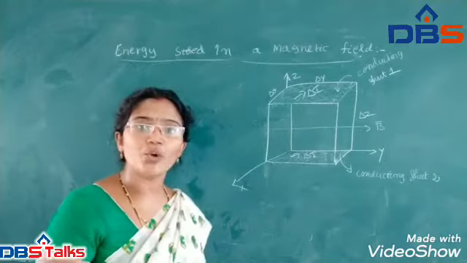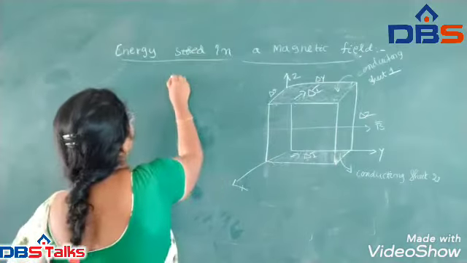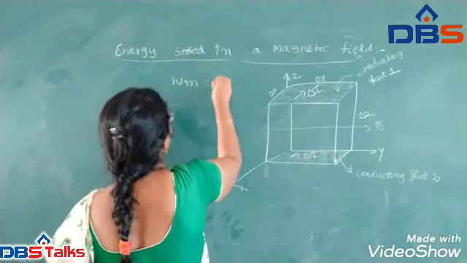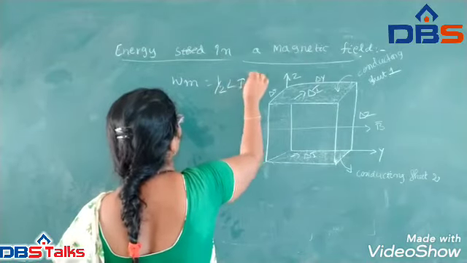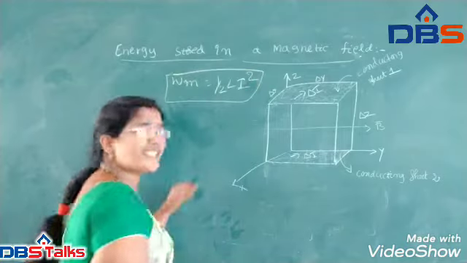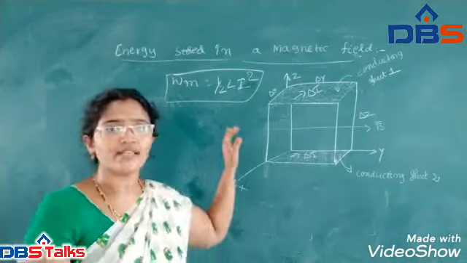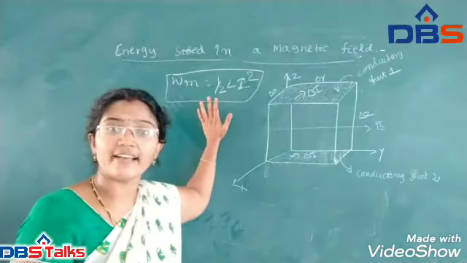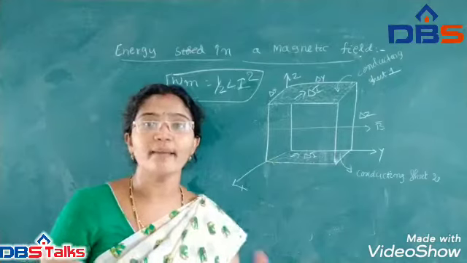The energy stored in a magnetic field will be Wf equal to half L i square. This is the energy stored in the inductor, and from this formula you have to obtain the energy stored in the magnetic field.